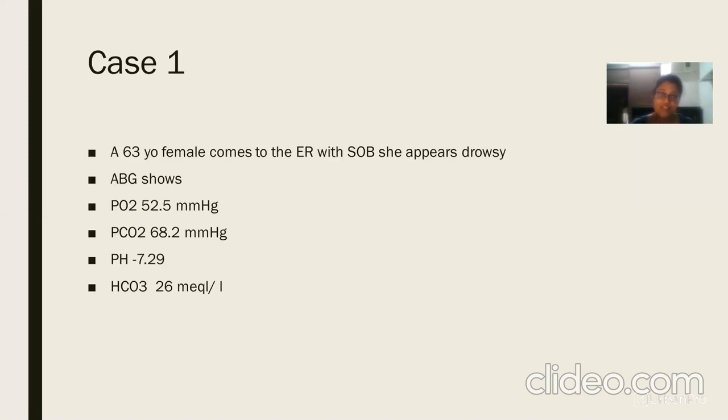In type 1, you're going to see hypoxia with a normal carbon dioxide. That means her ventilation system is fine. Here her ventilation system is not fine. Most probably she is a COPD patient or probably a pneumonia patient. We don't know more from the history, but that's how you can actually analyze this. So clear? It took me less than a minute to see the case, analyze and interpret it, right? So let's go ahead.